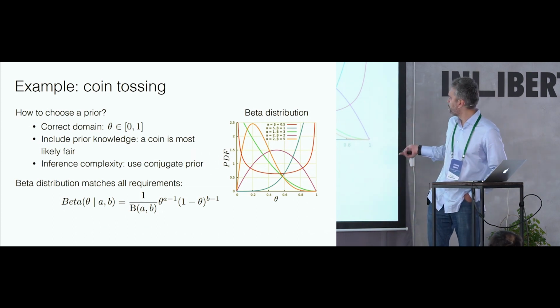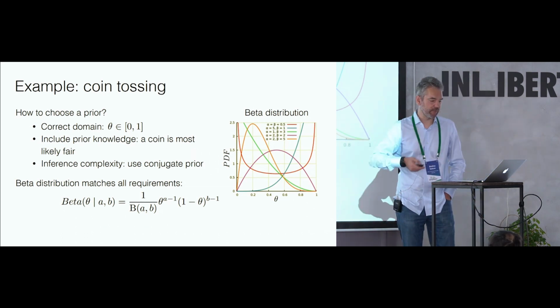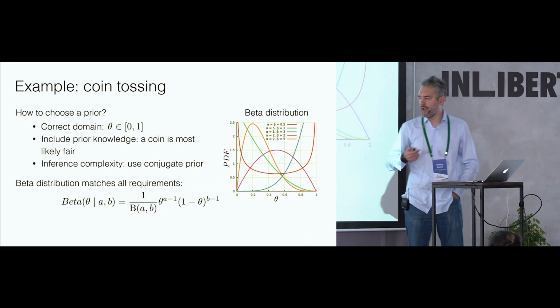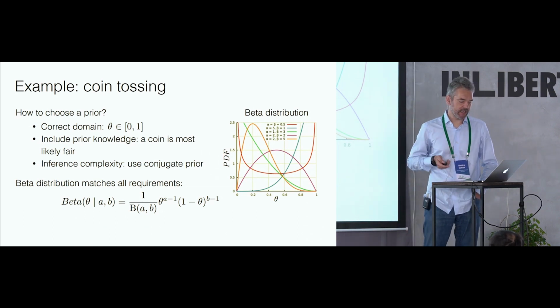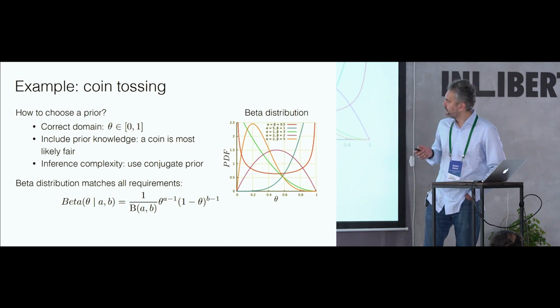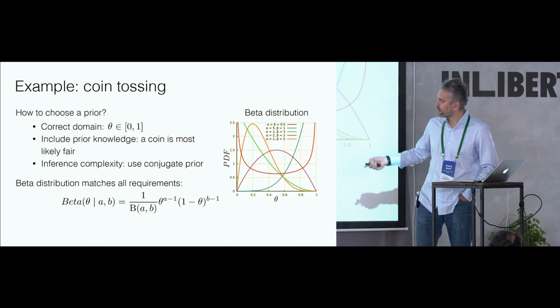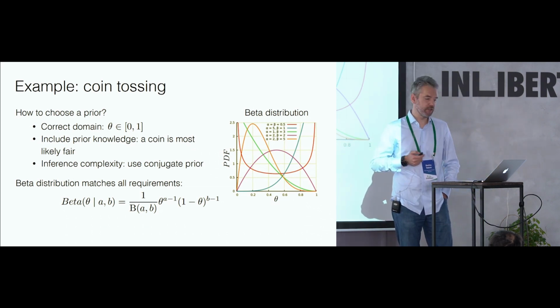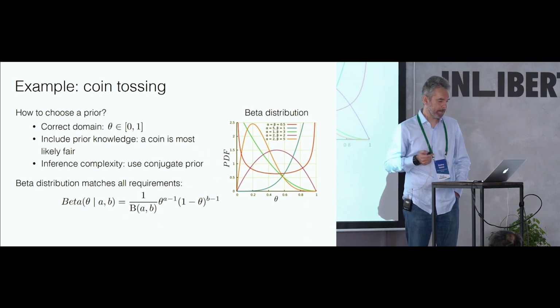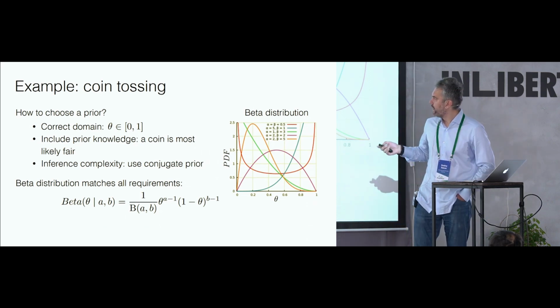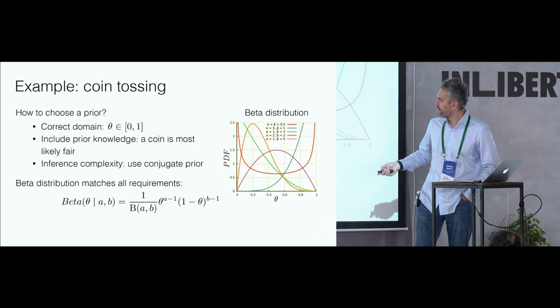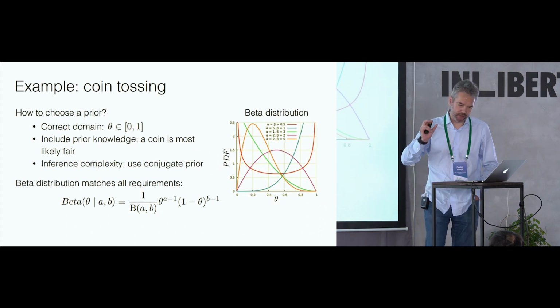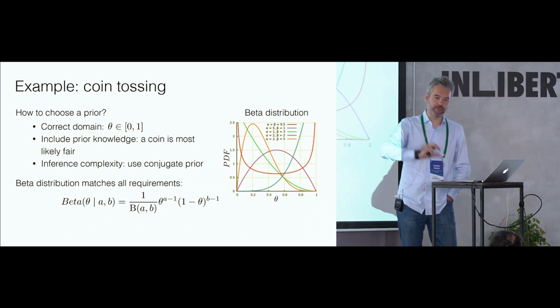Here on the plot you see different probability density functions for different parameters a and b. And let us prove that this distribution is really conjugate to our Bernoulli likelihood function. By the way, what's important is that the support of this distribution is from 0 to 1.